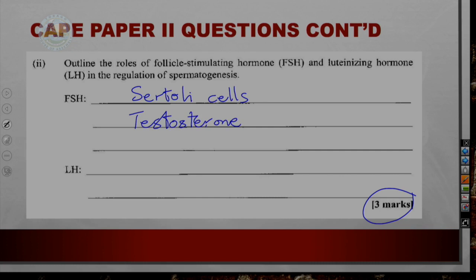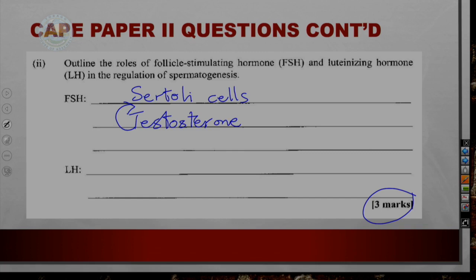Right? So testosterone, which is produced in the Leydig cells, will have its impact on the Sertoli cells. And so FSH makes the Sertoli cells more permeable for testosterone to be able to get into the cell and have its impact.